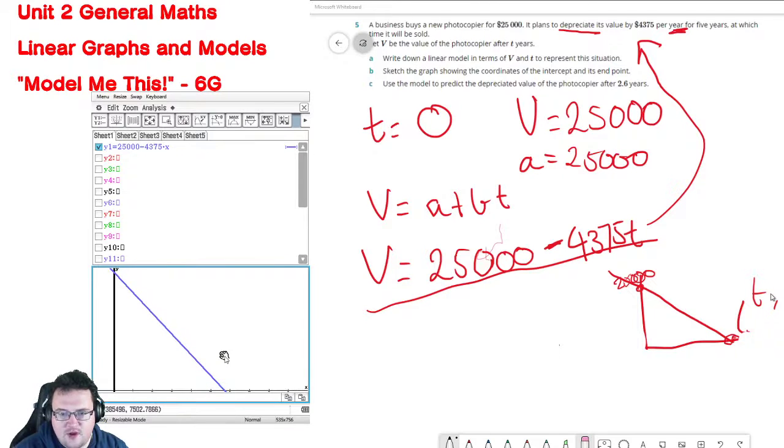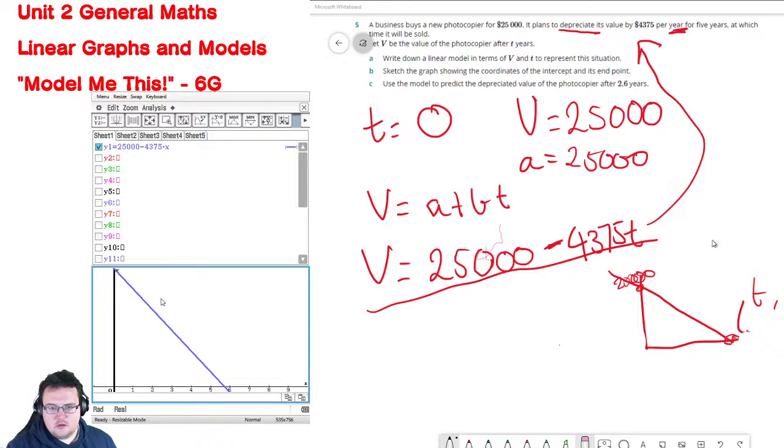And there we have a lovely graph. At the top here is 0, 25,000, and all the way down here is its end point when it is worth nothing.